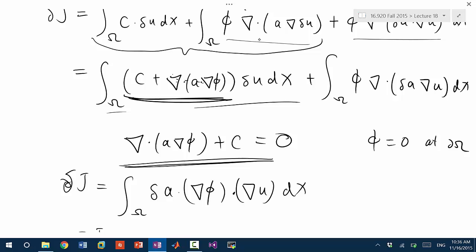And the gradient of delta U does not satisfy any particular boundary condition. So we want to choose phi to be also 0 at the boundary in order to cancel that term out. And the cancellation of the boundary terms gives rise to the boundary condition of the adjoint equation. All right, any questions on this?